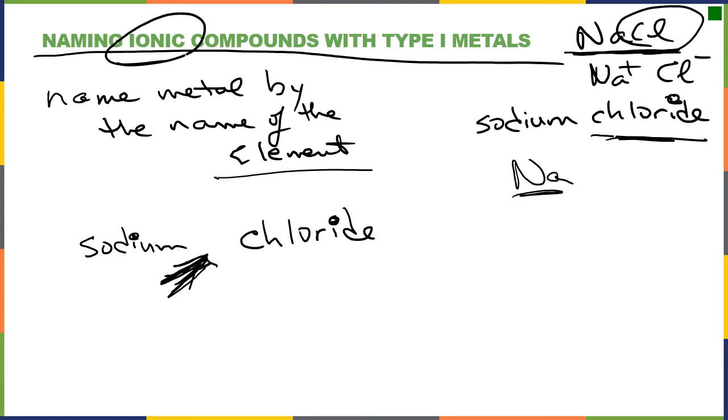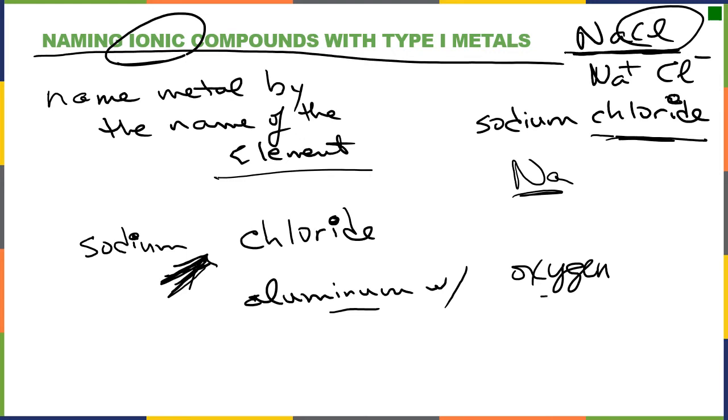So if instead we had a compound of aluminum with, let's say, oxygen, we wanted to make an ionic compound out of that. We know this is ionic because that's a metal with a nonmetal.